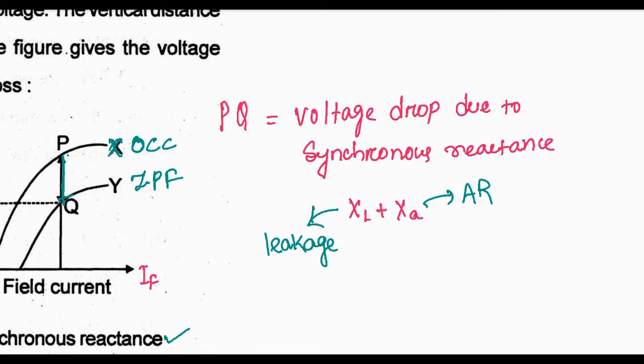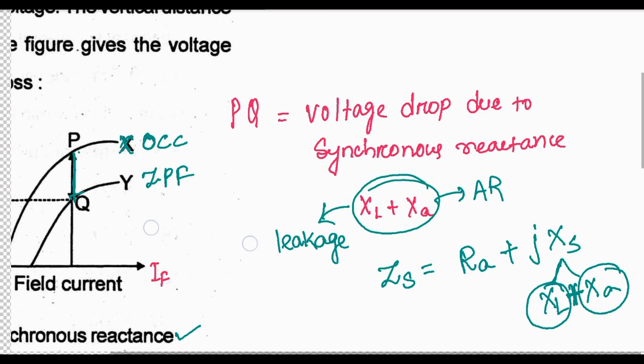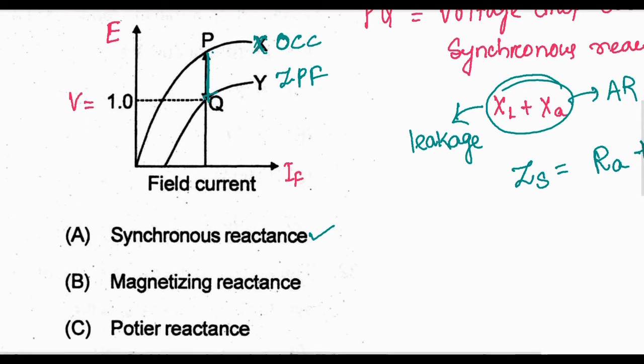What is synchronous reactance? Synchronous reactance is the part of synchronous impedance. ZS is equal to RA plus j XS, and XS is equal to XL plus XA. This is the leakage reactance, and this is the armature reaction reactance. So this is not in the options given, synchronous reactance.